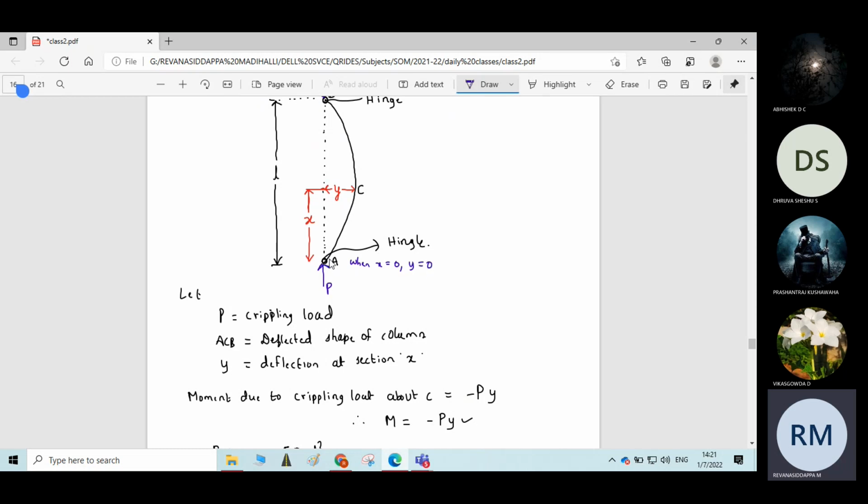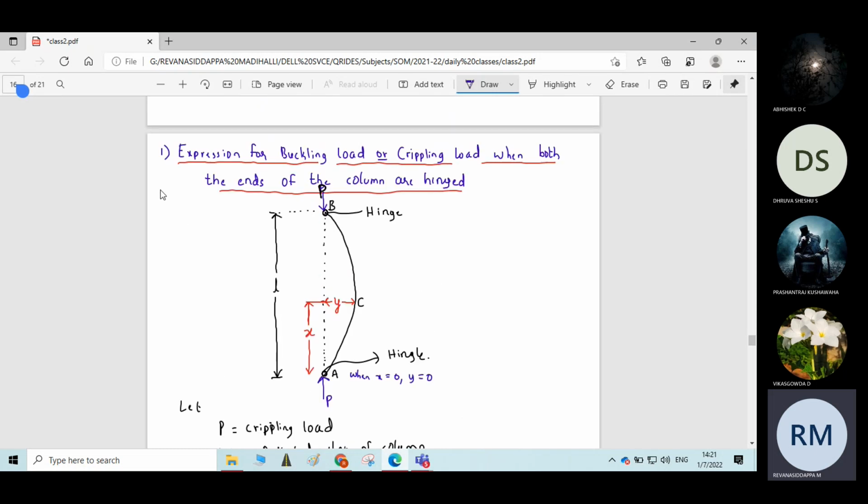When you come to point B, x becomes equal to L, and y is also equal to 0. So these are the two boundary conditions.